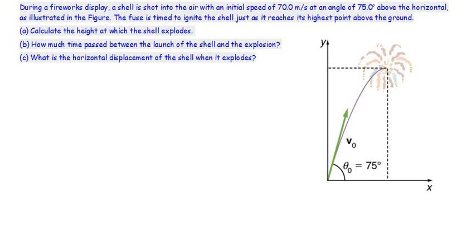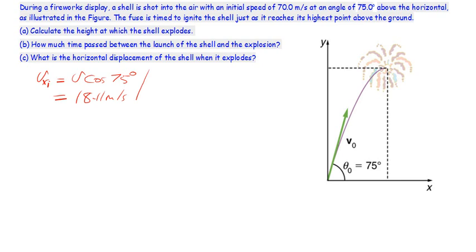The initial horizontal velocity component is v cosine 75 degrees, and if we do the math, cosine 75 gives us 18.11 meters per second.